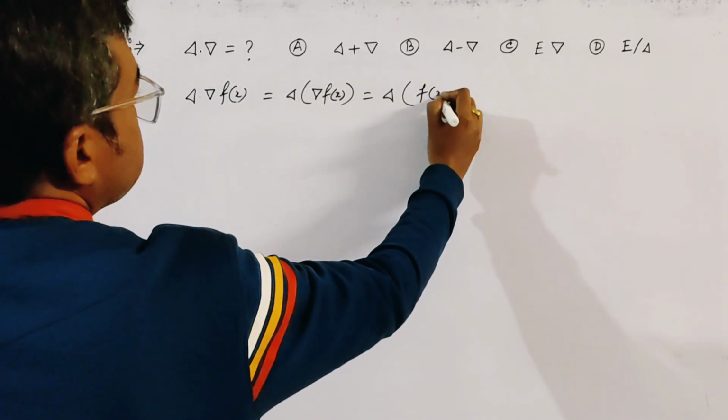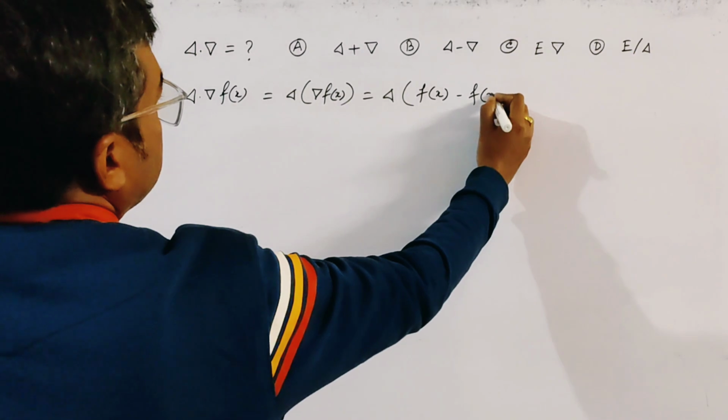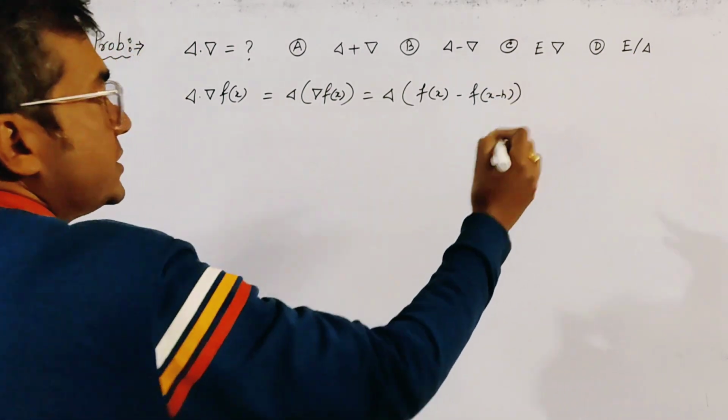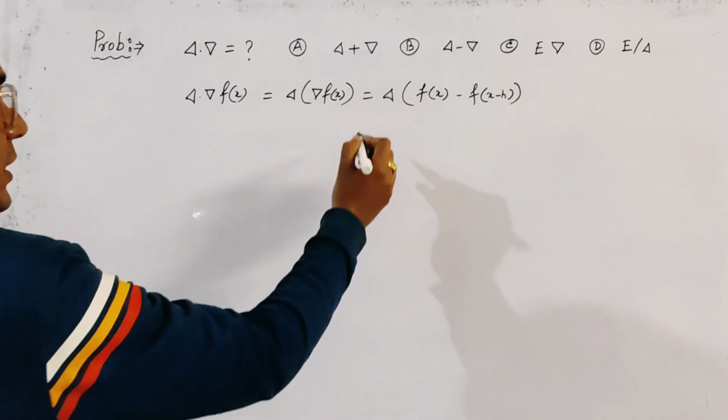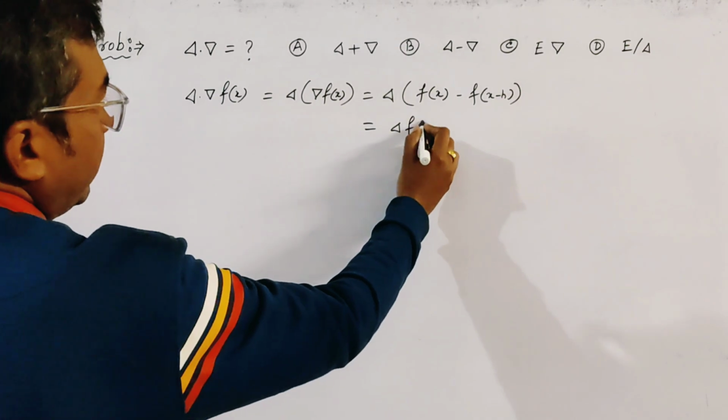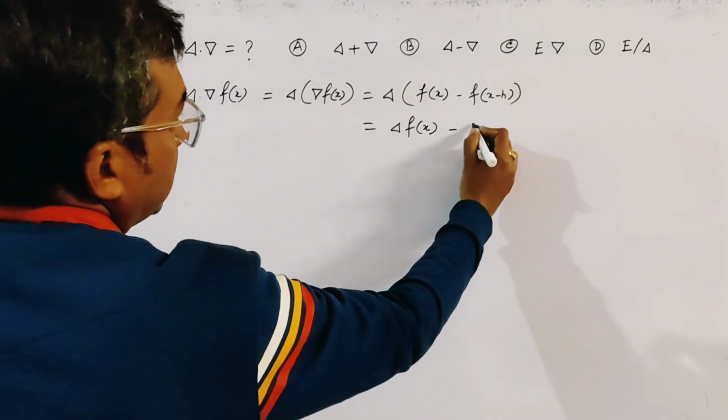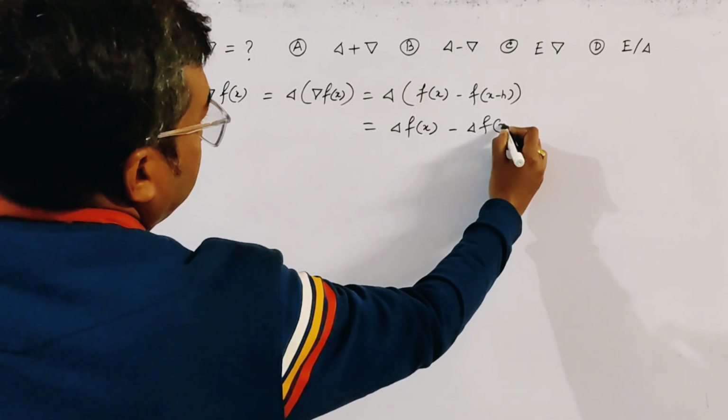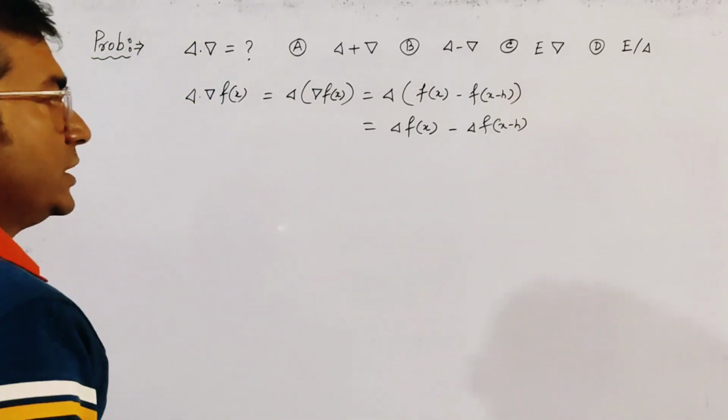Nabla f(x) means f(x) minus f(x minus h), where h is the step length, right? Now delta of f(x) minus delta of f(x minus h).